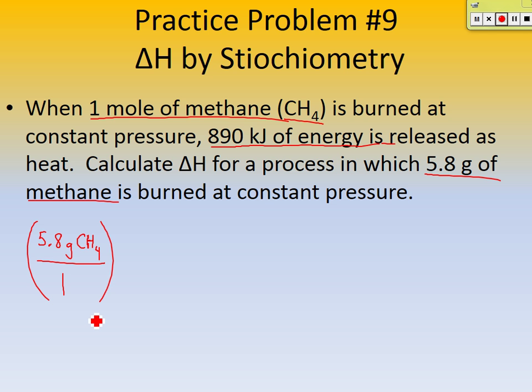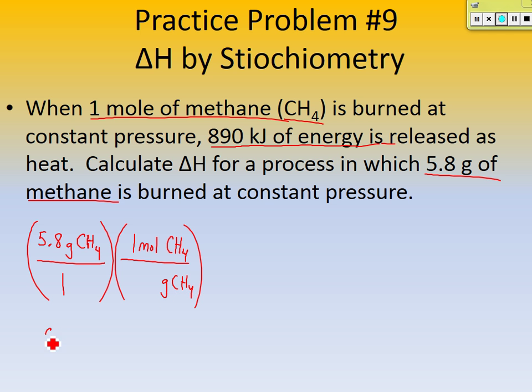Okay. We need to convert this grams into moles. So how do we do that? You guys remember how to do that? If grams of CH4 is on top, what's got to go on bottom? Grams of CH4. And we want to go to moles, so 1 mole of methane goes on top. How many grams of CH4 are in 1 mole of CH4? I guess what I'm asking, what's the molar mass of CH4?